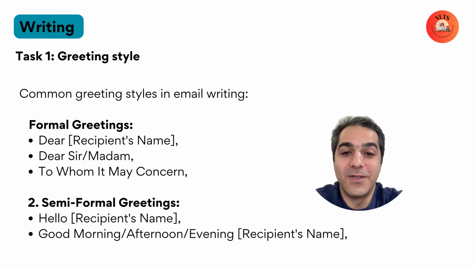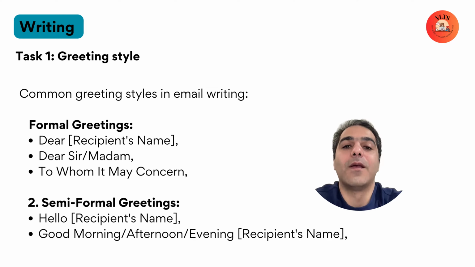Or sometimes you can say Good morning, Good afternoon, Good evening, with the person's name after that. And you put a comma and start writing the email based on the task requirement.